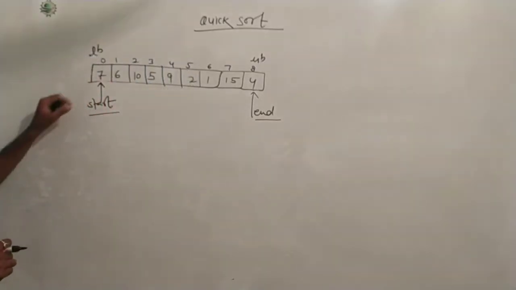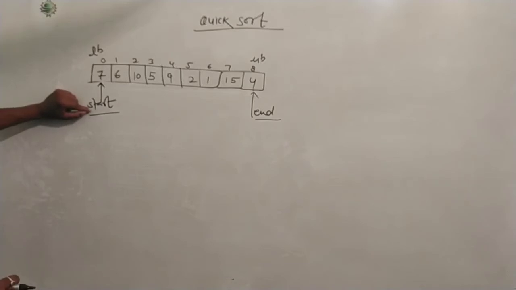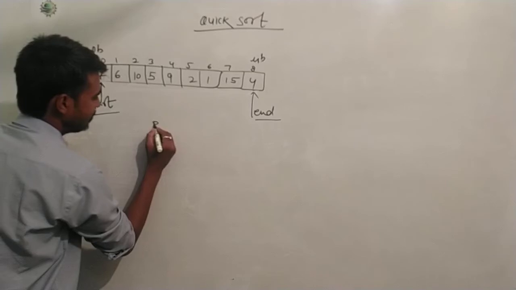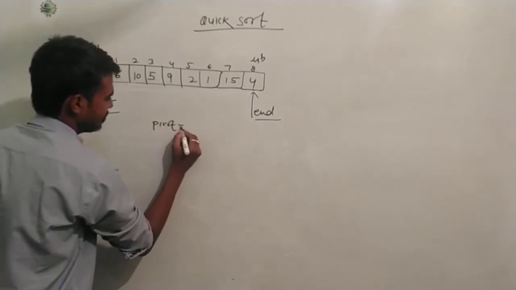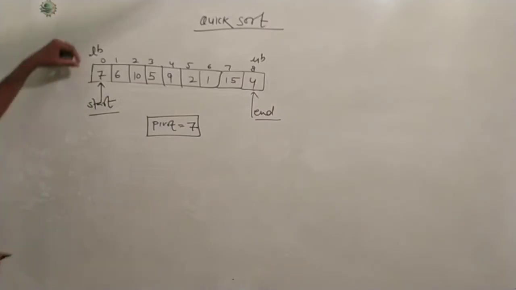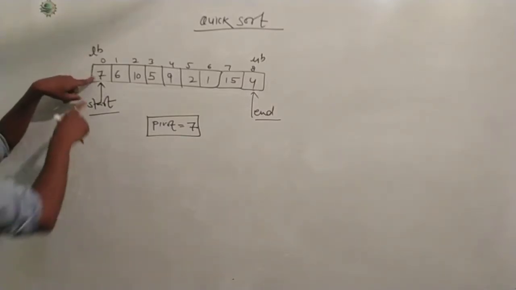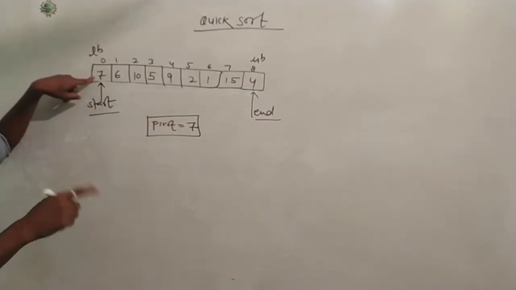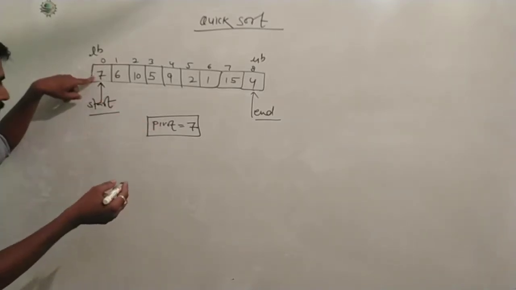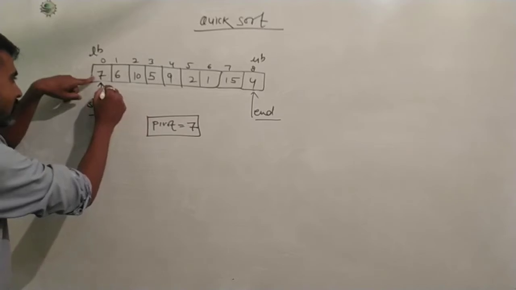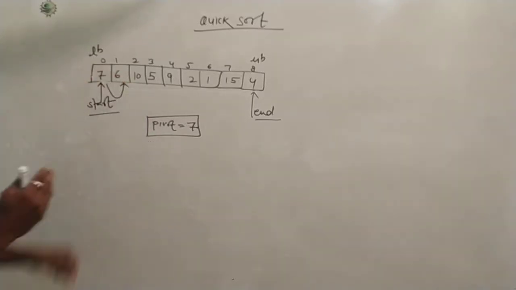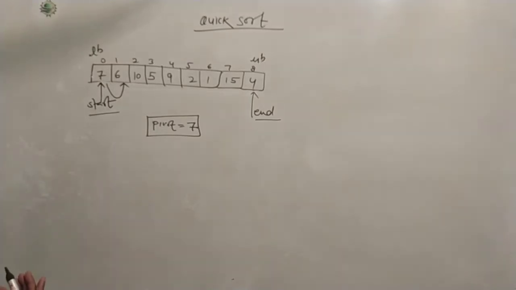Now, if this element is less than or equal to the pivot element 7, then what will happen? Start will be shifted to the next memory location.